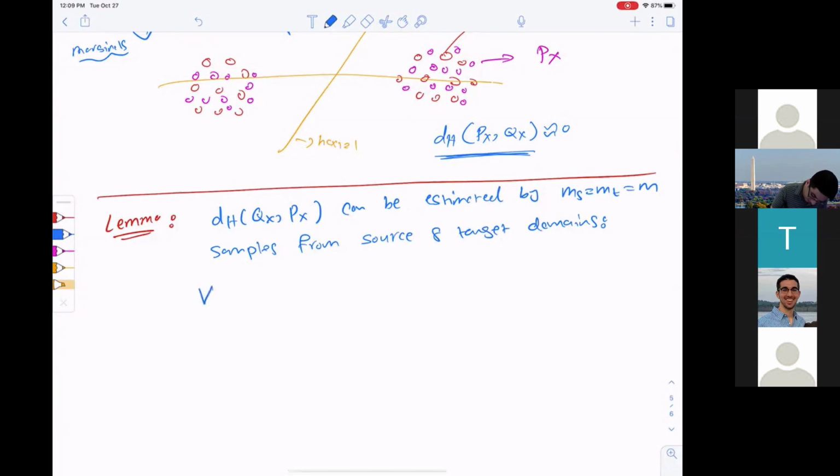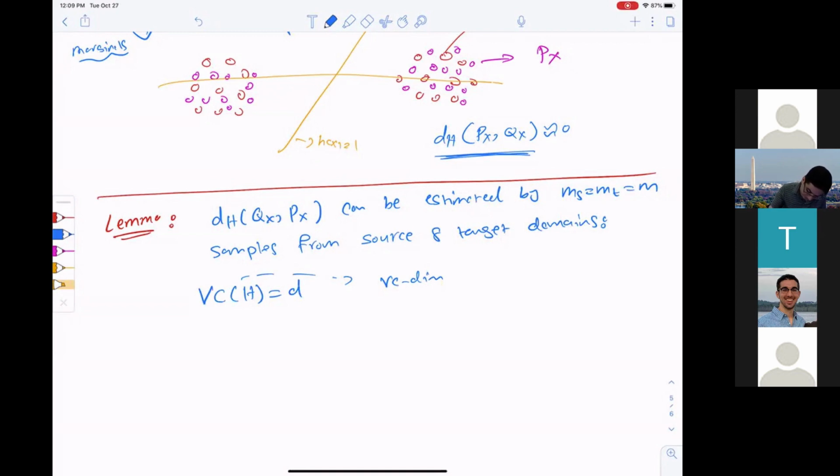Let's say the VC dimension of my hypothesis class is D. I already talked about Rademacher complexity, and VC dimension is closely related to that. It is the largest set of points that a hypothesis class can shatter, and it shows the complexity of the hypothesis class.